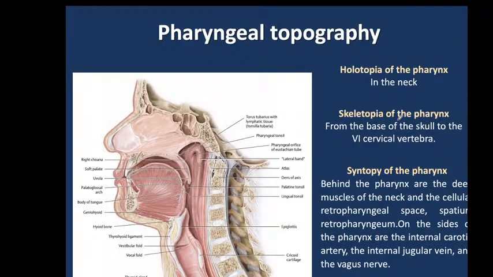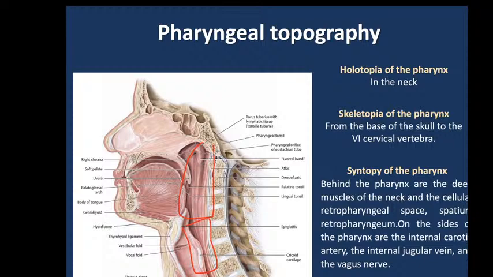Okay. Topography. Holotopy of the pharynx: it is located in the head, this part. Nasopharynx and oropharynx are located in our head, but the laryngopharynx, inferior part, is located in the neck.